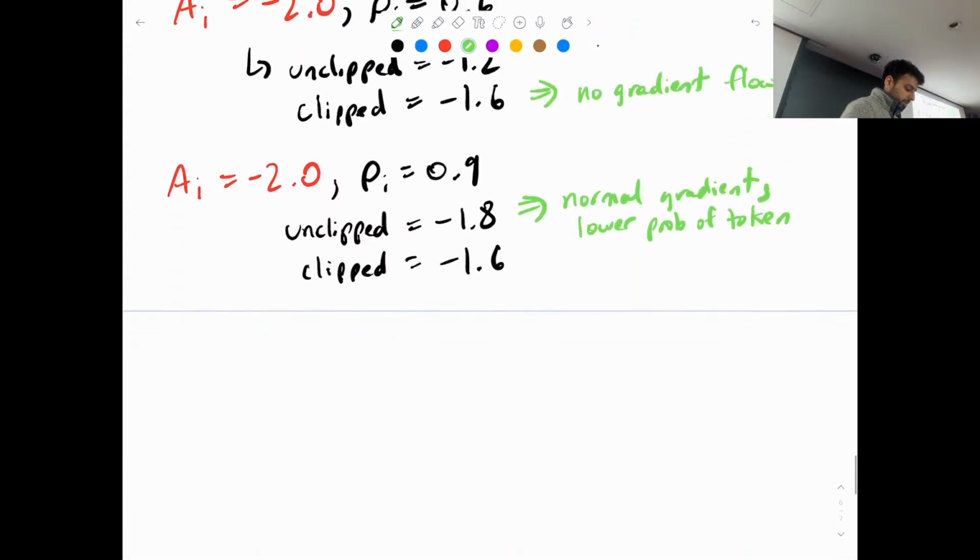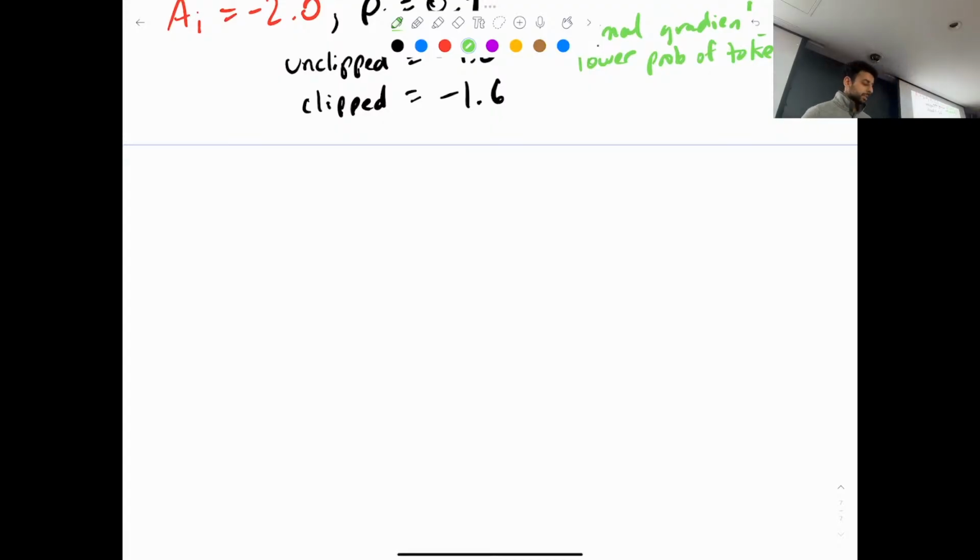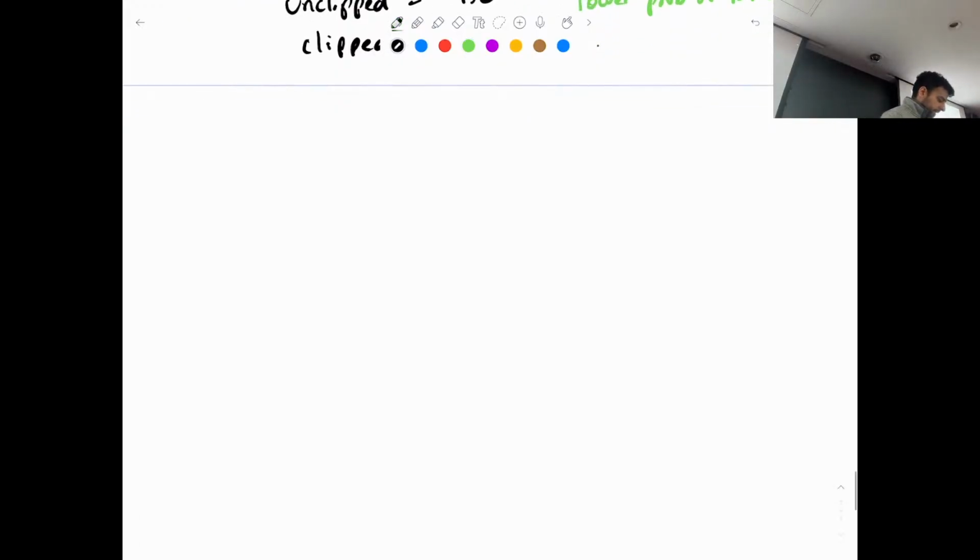All right, so before I conclude this part, I will just plot out all of the different cases that could happen given the sign of the advantage, is it positive or negative, and also whether or not the policy ratio falls within the clipping region.